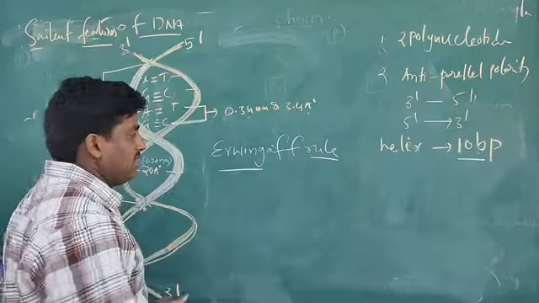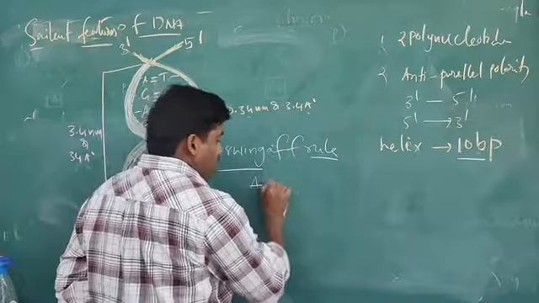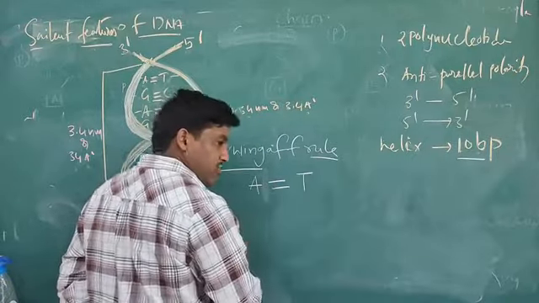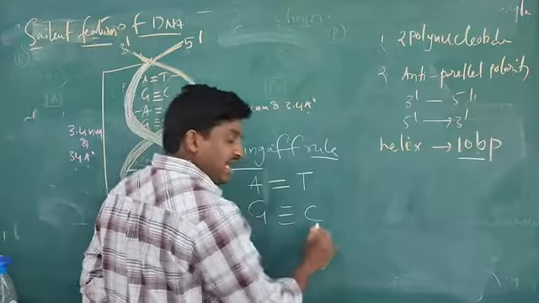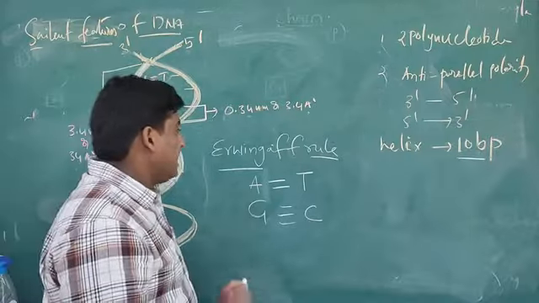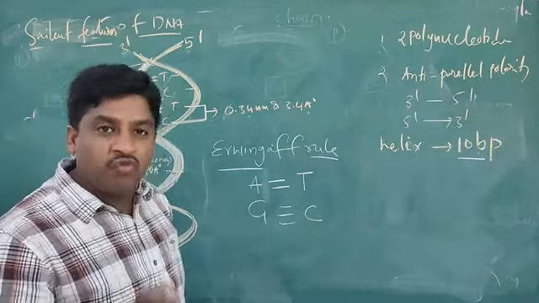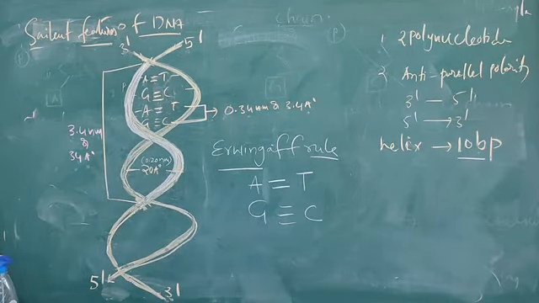What Erwin Chargaff found is that adenine is always bonded with thymine by 2 hydrogen bonds, and guanine is always bonded with cytosine by 3 hydrogen bonds. This is what we call Erwin Chargaff's rule.